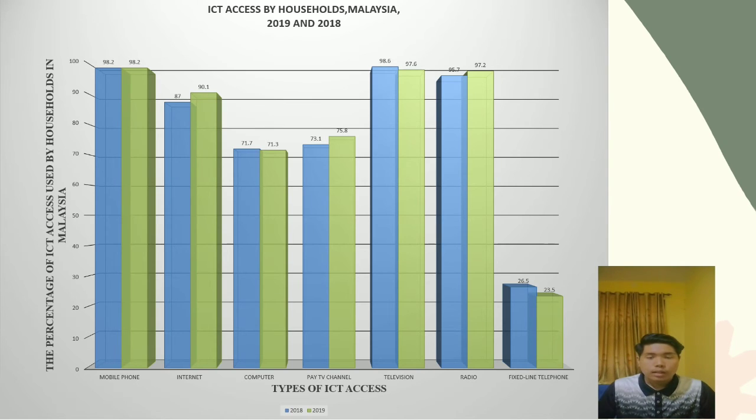This shows the percentage in 2018 is the highest of any access, while in 2019 the percentage has decreased by 1% to 97.6%.